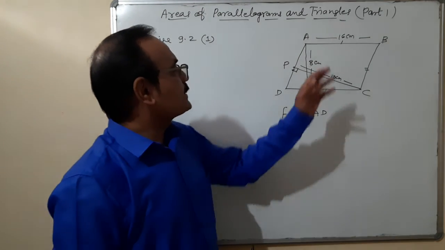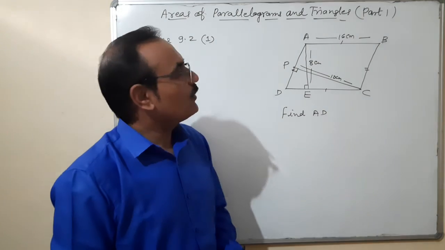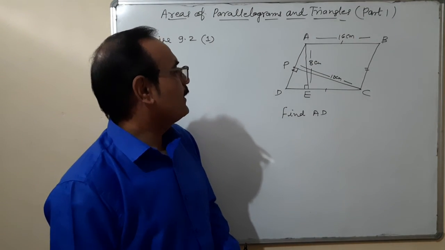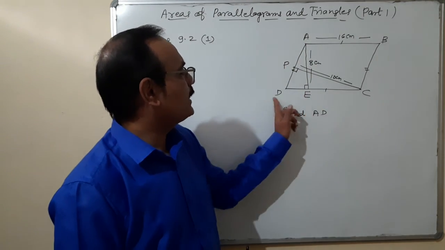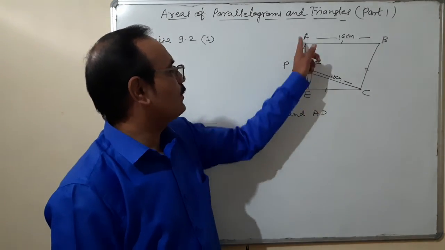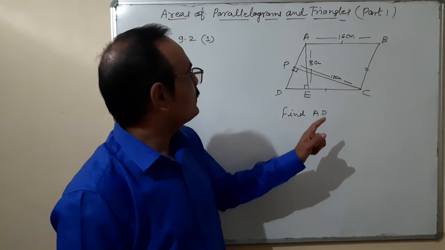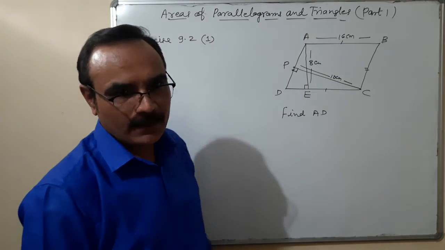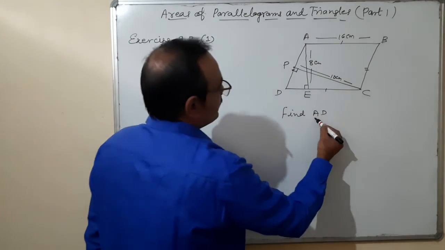Question is clear. It is given that ABCD is a parallelogram. One side AB is equal to 16 and there are two perpendiculars, AE on DC and CP on AD. We are going to find the value of side AD.